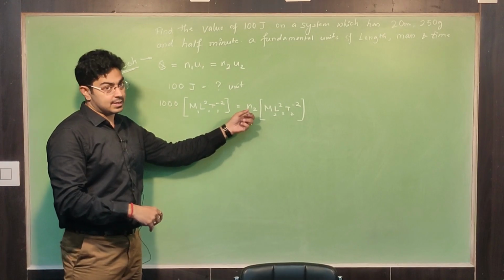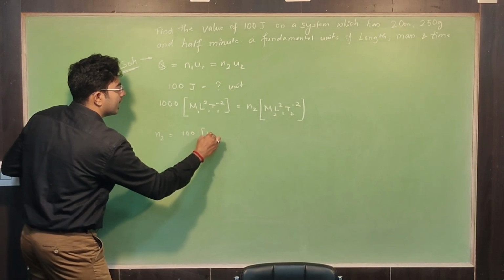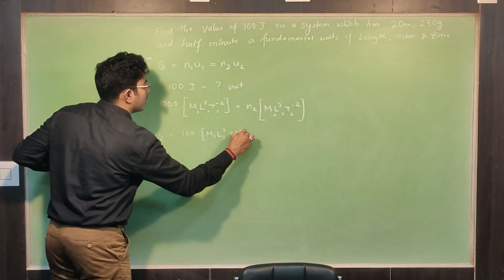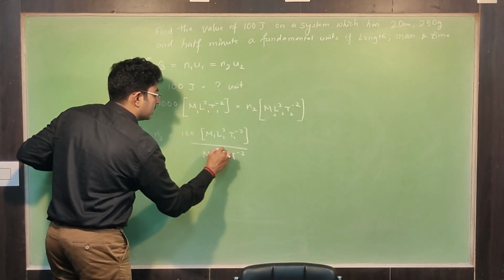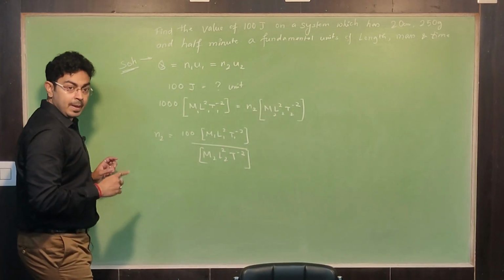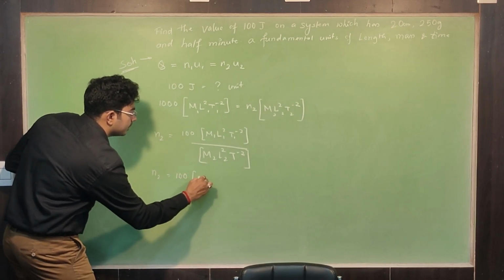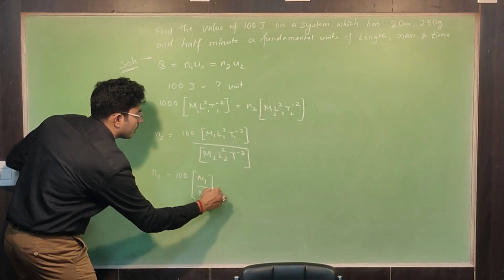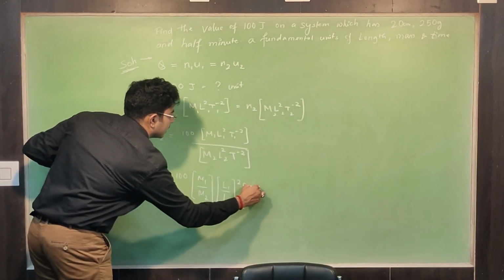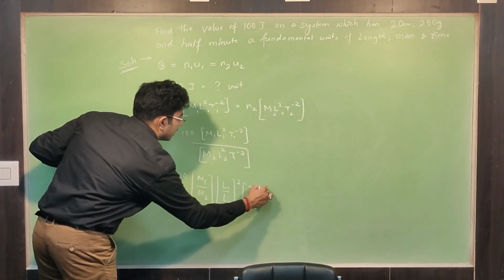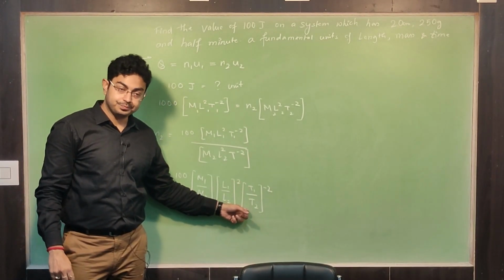Now you tell me, the procedure remains the same. So N2 can be written as what? 100 into M1 by M2, L1 by L2 squared, T1 by T2 to the power minus 2.